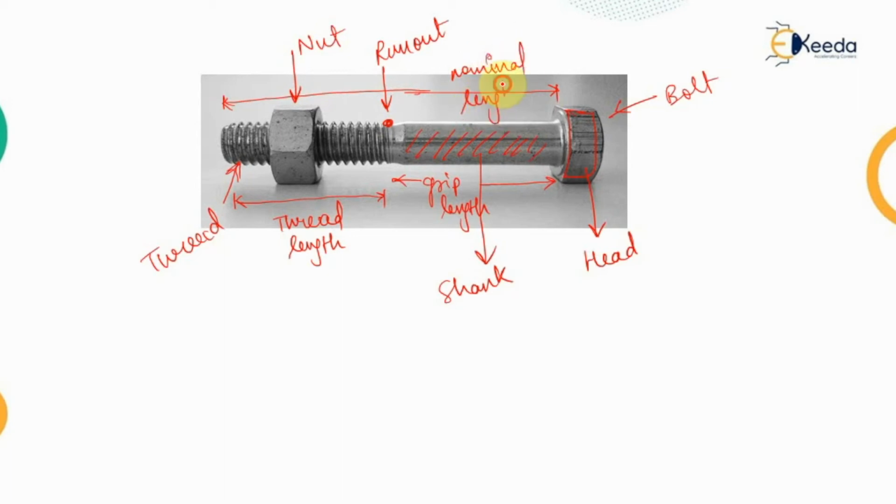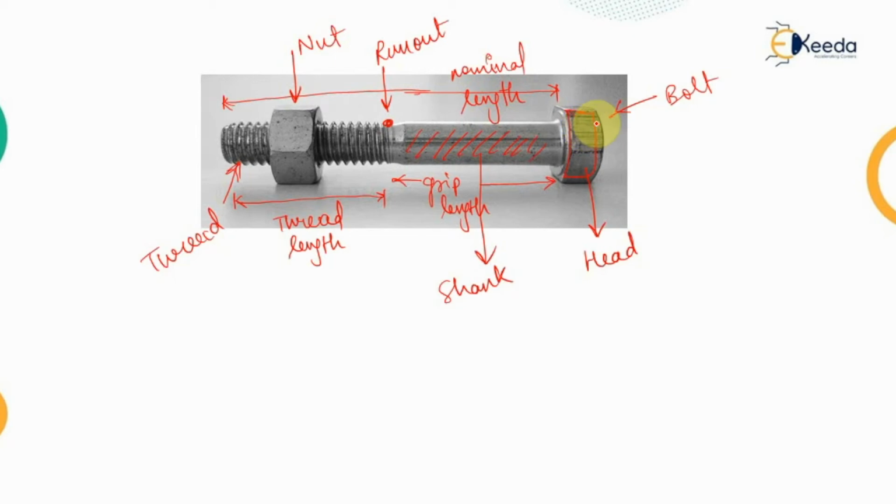Because we are going to design the steel elements based upon the different types of bolt which are provided, it is important to know all the components of a bolt. Now depending upon the shape of the head of the bolt, these bolts can be further classified into different categories, that we will see.